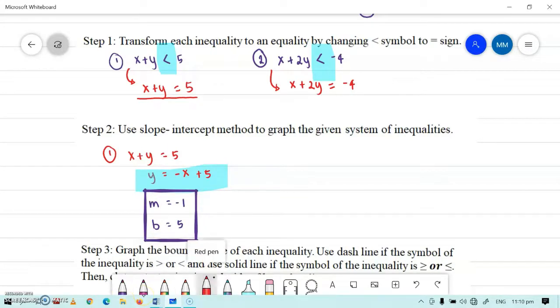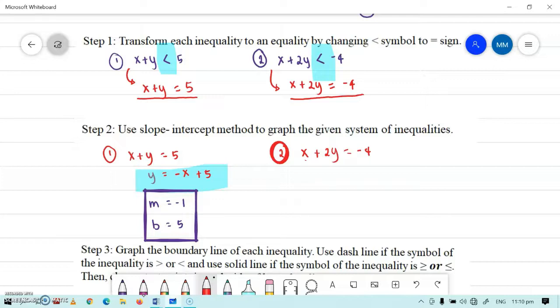Now let's go to our second inequality. Again we will use the transformed equation, x plus 2y equals -4. Since this equation is still in standard form, let's transform this into the slope-intercept form.